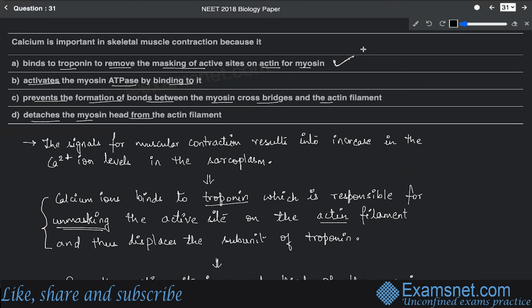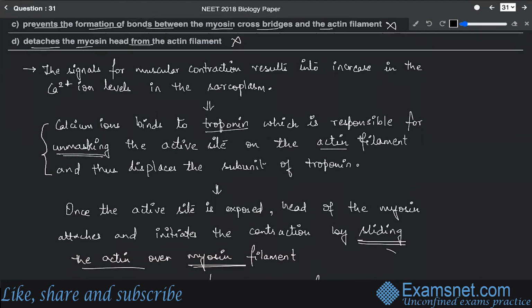So option A is the correct answer. It activates the myosin ATPase by binding to it. Again, no. Prevents the formation of bonds between the myosin cross bridges and actin filament. No. Then detaches the myosin head from the actin filament. Again, no. So the correct option is option A. All right, and we have seen the explanation.